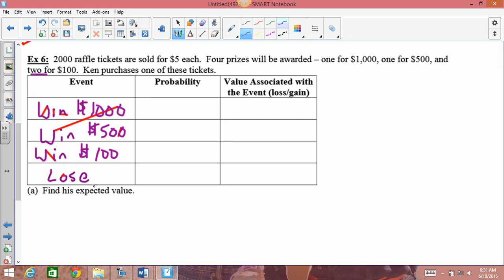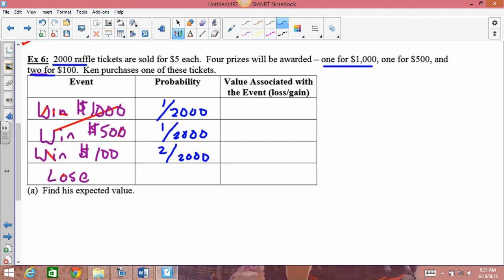Okay. Probability that you would win $1,000, well, since there's only 1 prize, 1 out of the 2,000 total tickets sold. Winning $500, 1 $500 prize out of the 2,000 tickets sold. Winning $100, there are 2 of those prizes out of the 2,000.